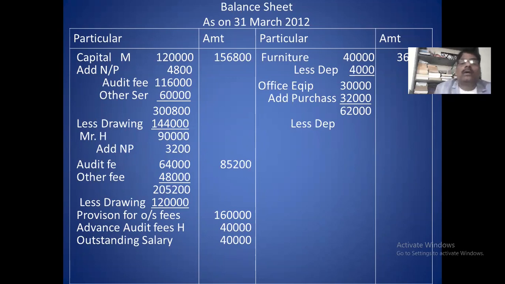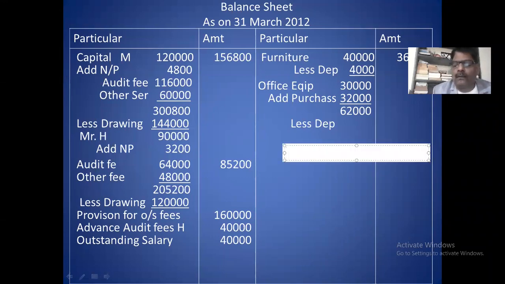Less depreciation. Depreciation is 20%. So you have to calculate 20% on 30,000. 30,000, 20%, 6,000. And 32,000, 20%, but on 32,000 you calculate only half. So on first 30,000, 20% is equal to 6,000.